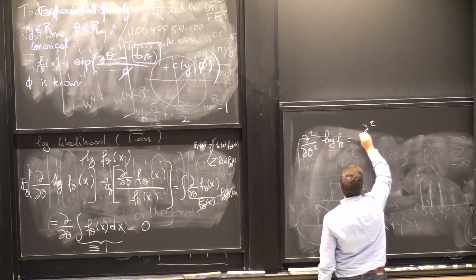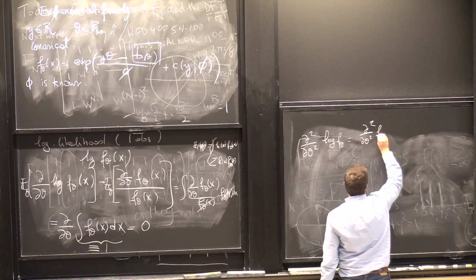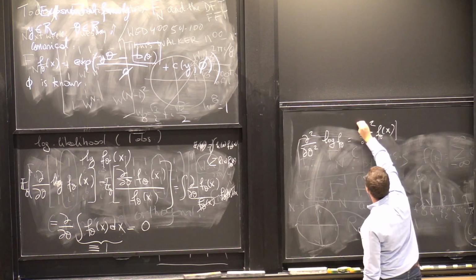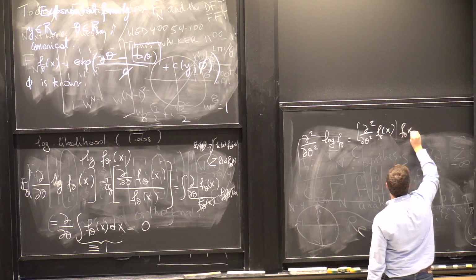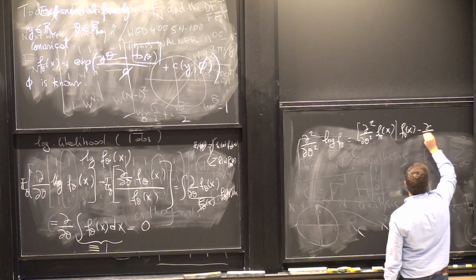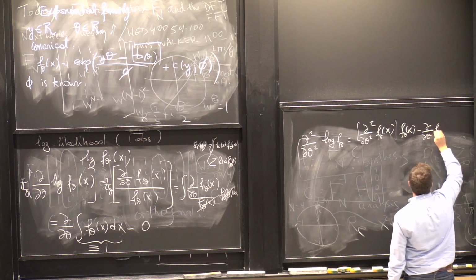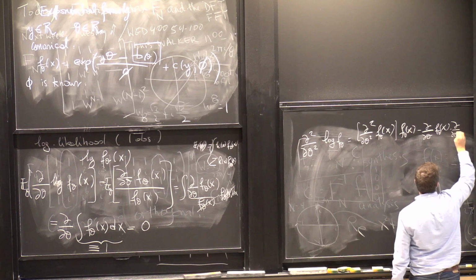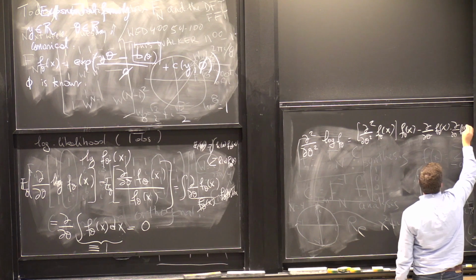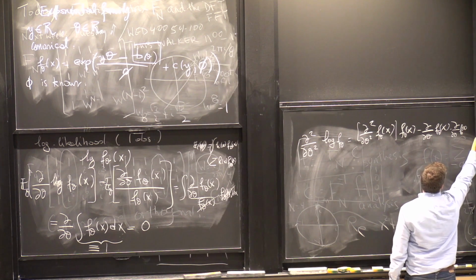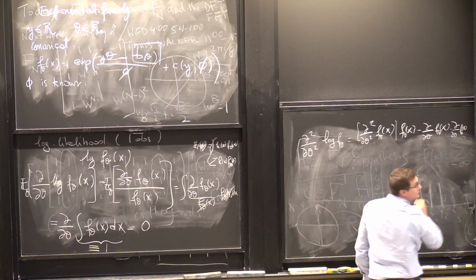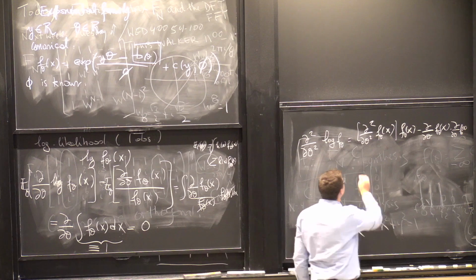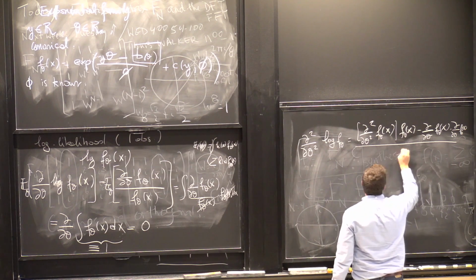It's the second derivative of f theta of x times f theta of x, minus the first derivative of f theta of x times the first derivative of f theta of x. So it's just the square. And then I divide by f theta of x squared.